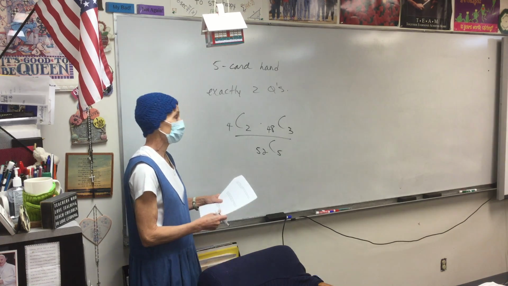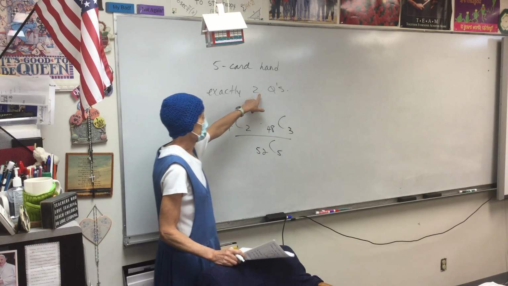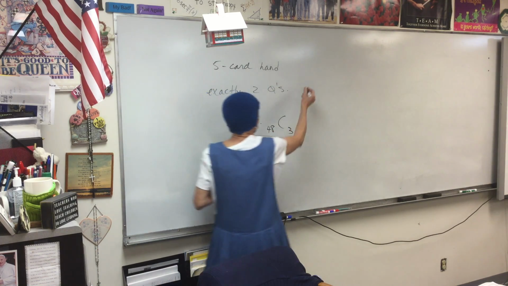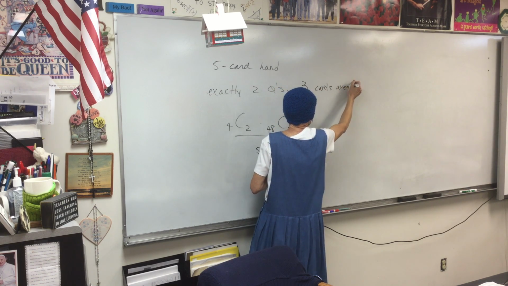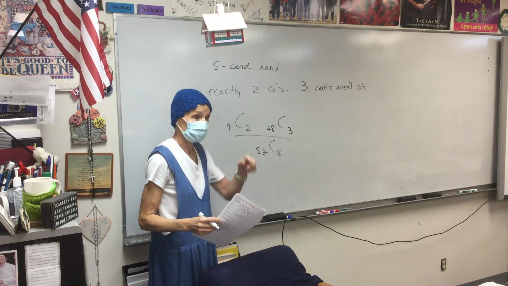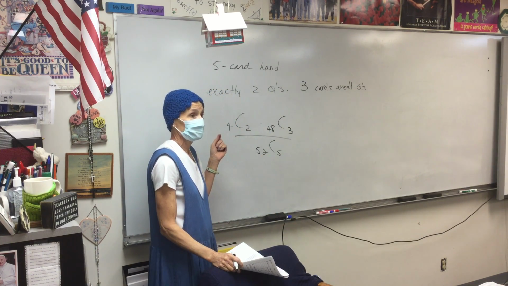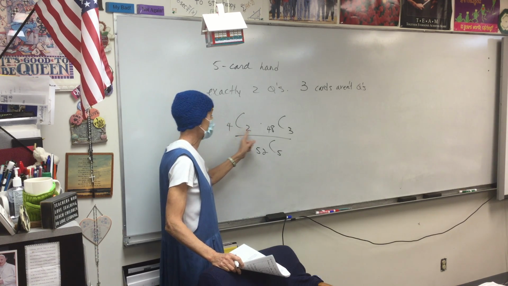Okay, so remember, these card problems we're using C's. We wanted exactly 2 queens. That means 3 cards that aren't queens. So if I have to write that down, I will. I mean, I won't in a problem, but if you need to write it down, you will. Okay? So I have 4C2, 4 queens.